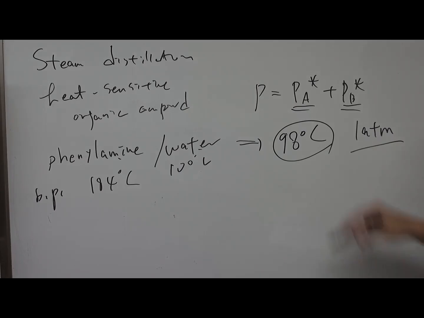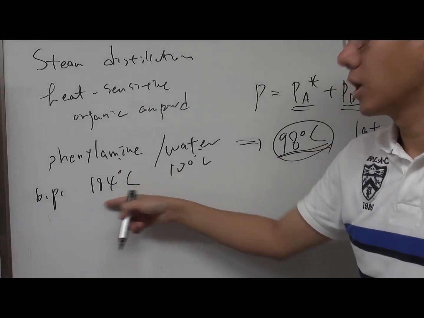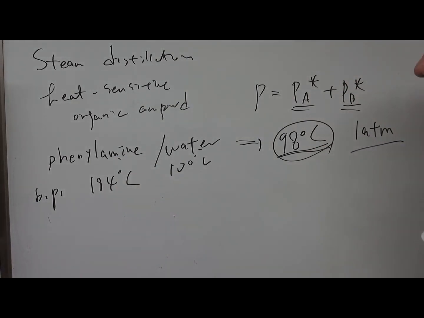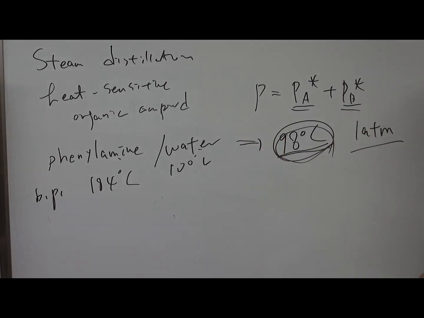If you want to boil phenylamine alone, you have to heat it up to 184 degrees C. But at only 98 degrees C you can boil it, and you can possibly separate these two using steam distillation.